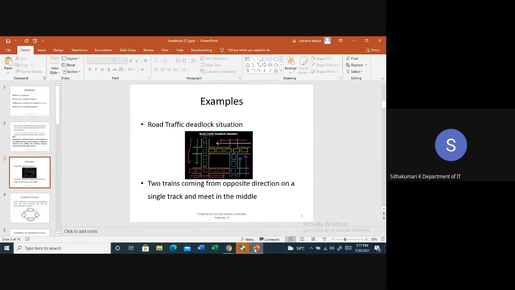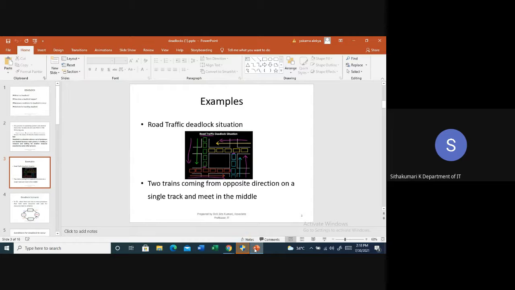Let us look at some examples that we come across in real life. For example, consider this figure of a road traffic deadlock situation. Assume that the green squares, yellow rectangles, red and blue shapes are all cars.